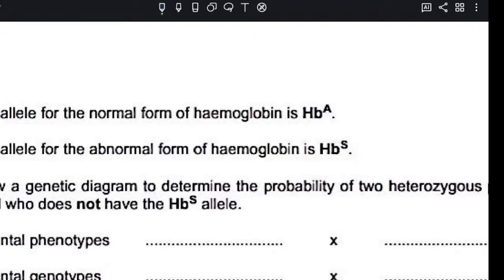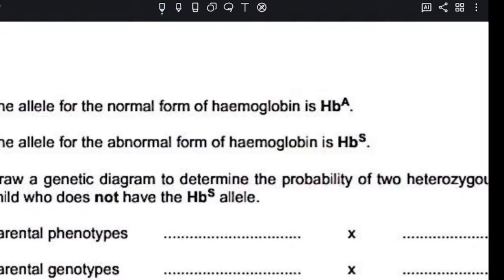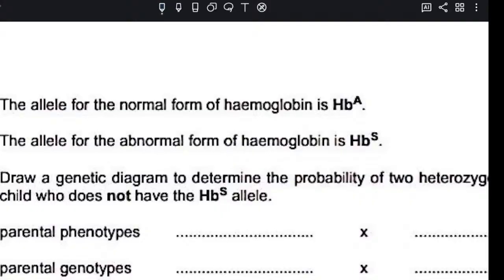So let's start with this one here. The first question says the allele for the normal form of hemoglobin is this one. This is for the normal form. Then the abnormal form of hemoglobin is this one. So this question has already started to talk about a condition called anemia, a condition to do with blood, and it's saying these are the alleles for this.